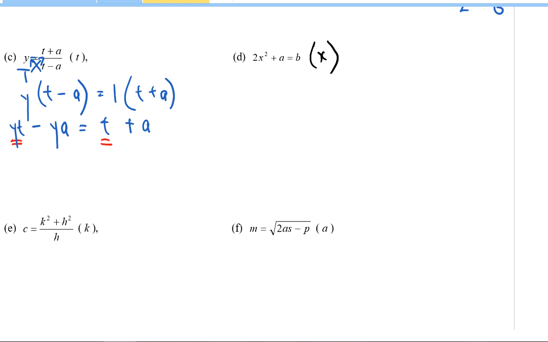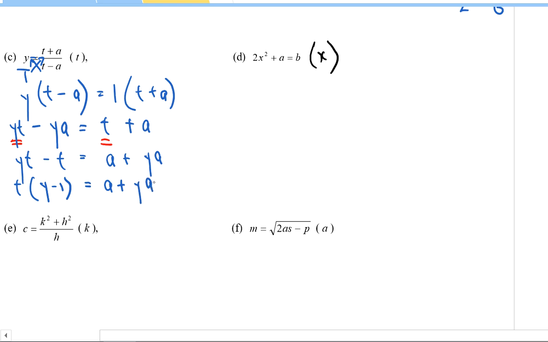Those terms without t, please balance it on the right hand side. I want that t, so it becomes a negative t. Negative ya, balance it on the right side, becomes a positive ya. Alright, I want a single term in t, so I'm going to factorize it. And apply what you did in the previous question. According to rule 1, I will need to divide.